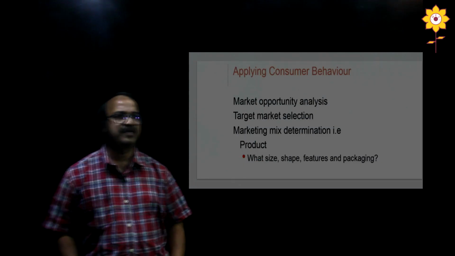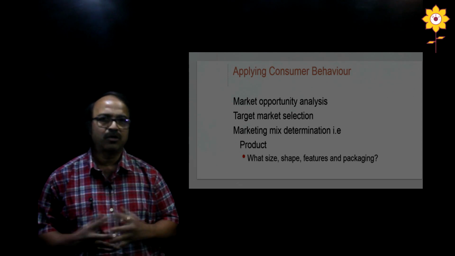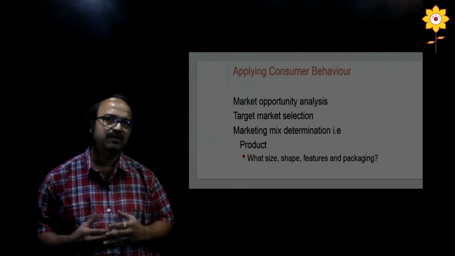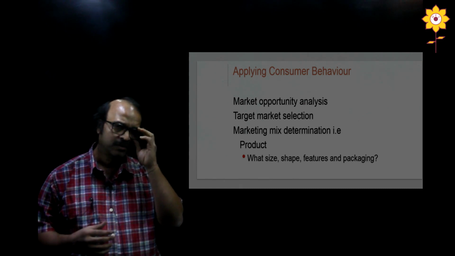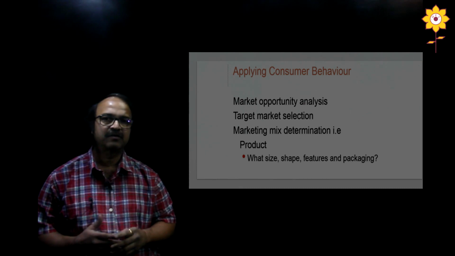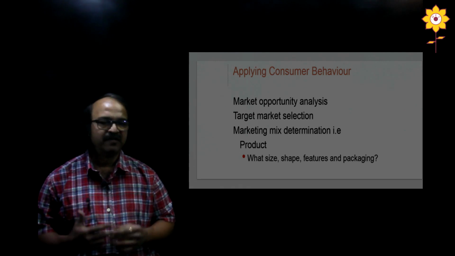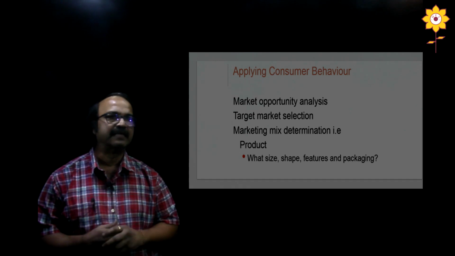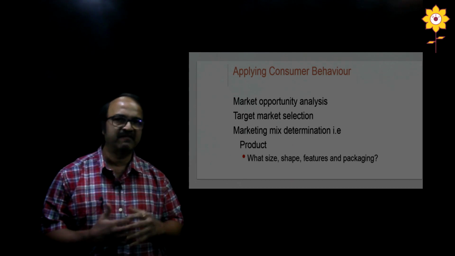How do we apply consumer behavior? Before going on to this, we should know there is a concept called BAF. BAF stands for benefits, advantages, and features. Benefits sell, whereas advantages and features just add value.